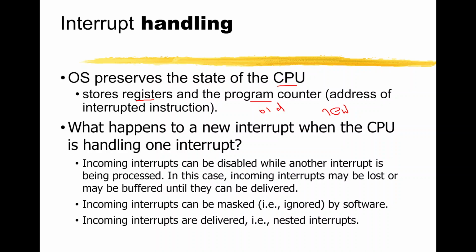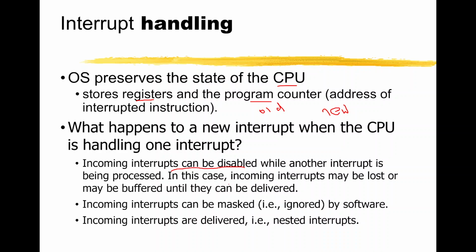So what happens to a new interrupt when the CPU is handling one interrupt? These are the processes that take place. Incoming interrupts may be disabled while another interrupt is being processed. In this case, an incoming interrupt may be lost or may be buffered until it can be delivered.